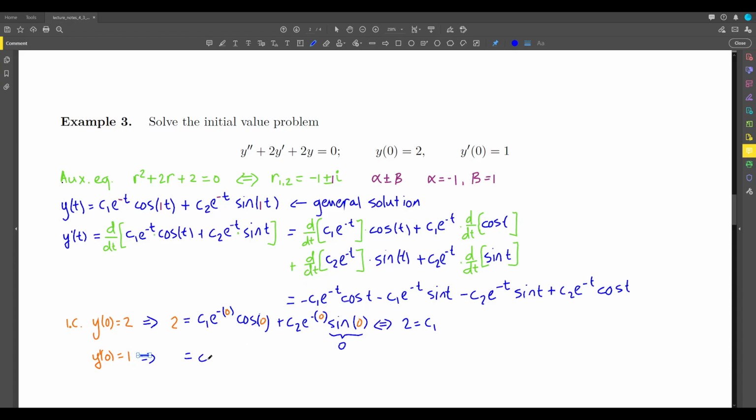So that's negative C1 e to the power negative 0, cosine of 0, minus C1 e to the power negative 0, and then sine of 0, minus C2 e to the power negative 0, sine of 0, plus C2 e to the power negative 0, cosine of 0.